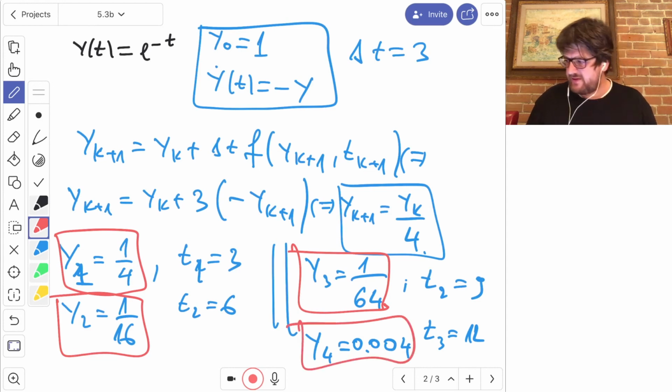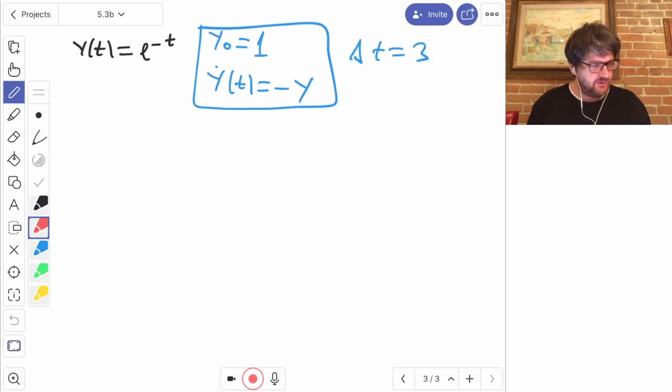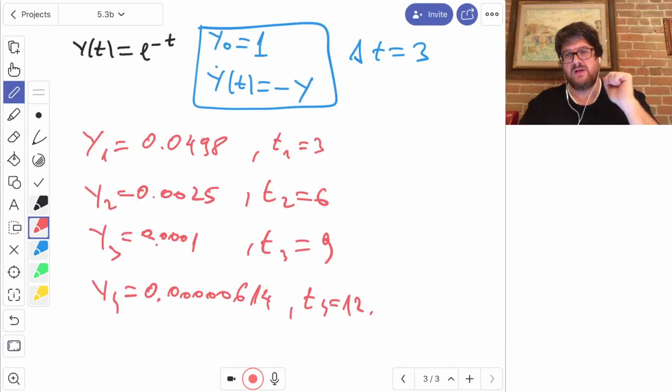1 over 64 is 0.0156. Now let's compute the actual values. I had to find a proper calculator to do the calculation, but anyway, I got the results.